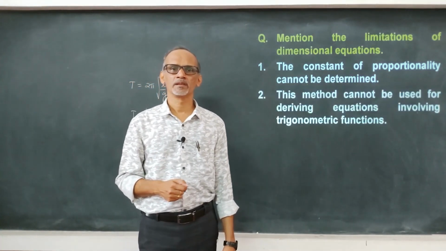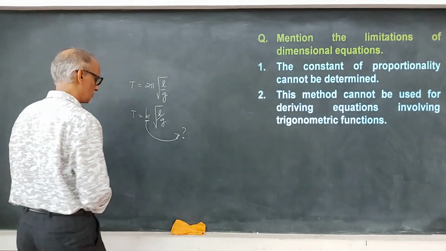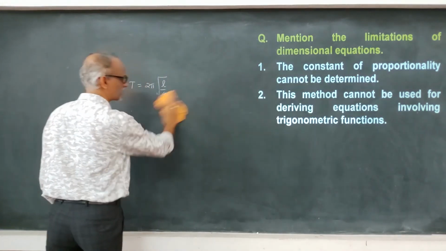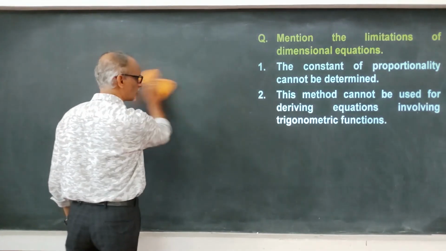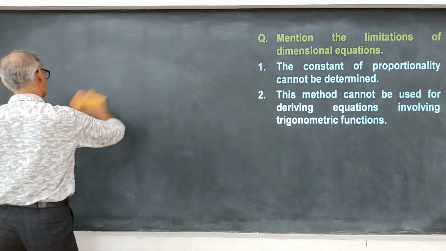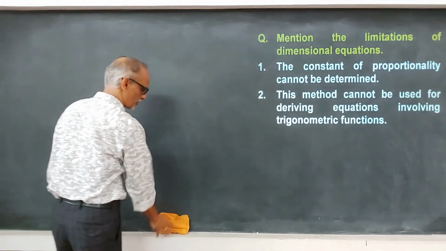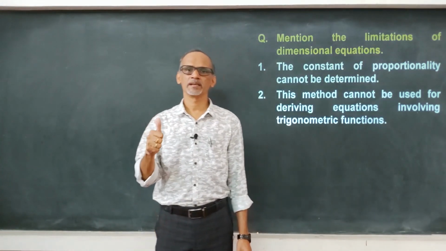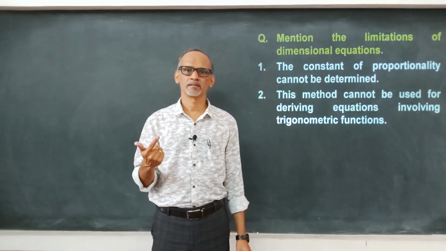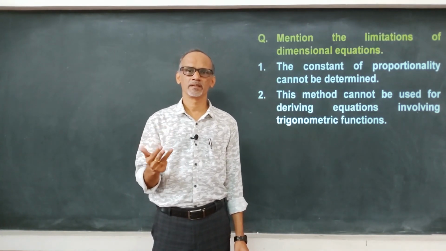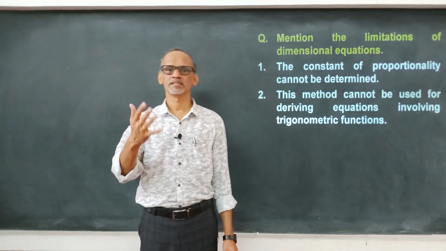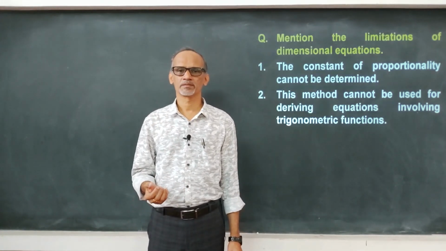Okay. The limitation number 2: this method cannot be used for deriving equations involving trigonometric functions. What do you mean by trigonometric function? Trigonometric function means sine, cosine, tangent, secant, cosecant, then cotangent. So, these are the 6 trigonometric functions.